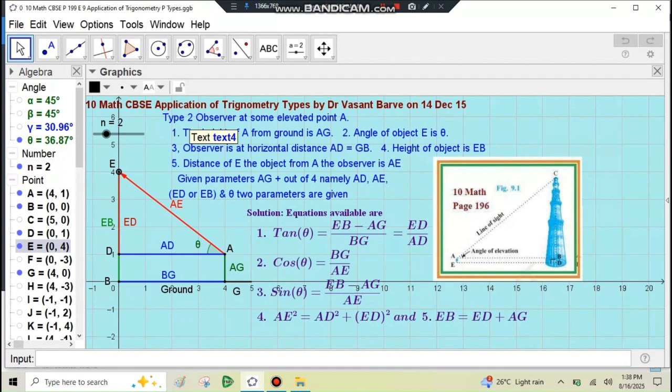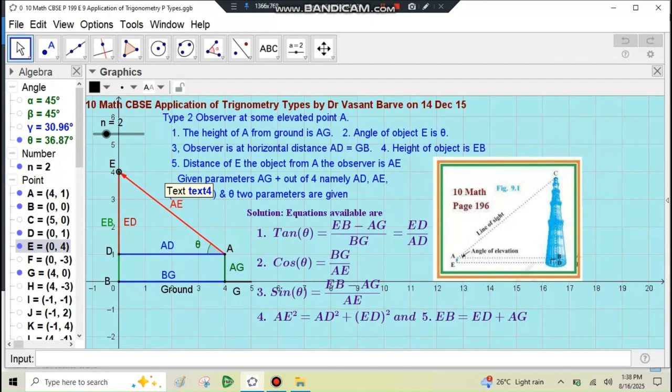Type 2 problem: observer at some elevated point A. So this may be eye level, or he may be standing on a building, or maybe a table, stool, anything. So this is the level from which the angle is being measured. Now the angle of the object is theta.